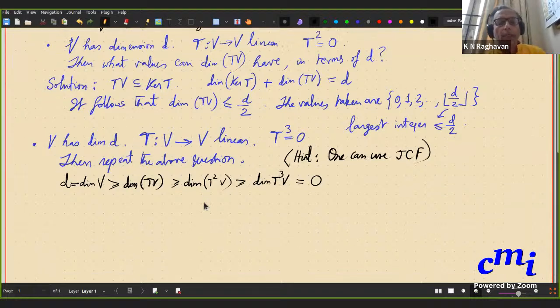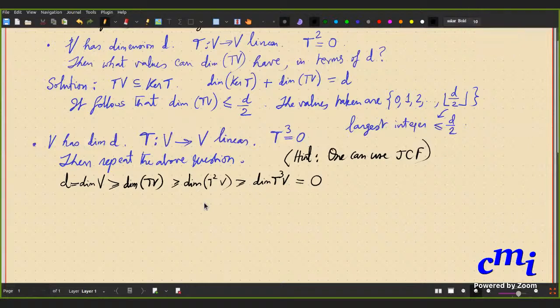So for example, can the dimension of T be D? Can it have full dimension? Can the range be full? No. Why not? 0 is one of the eigenvalues, therefore the kernel contains at least one non-zero vector.